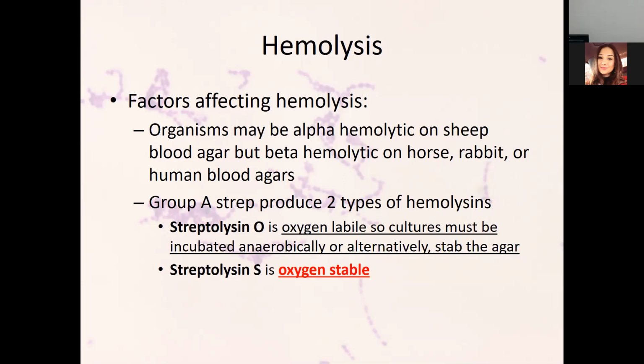The bad thing about strep O is that it is oxygen labile, which means the culture must be incubated anaerobically, or we stab the agar to put the organism in an anaerobic environment. Okay, so if you see a lot of throat swabs, you'll see that the tech is putting that loop of some strep in the agar with a stab. But remember, O is oxygen labile and S is oxygen stable.